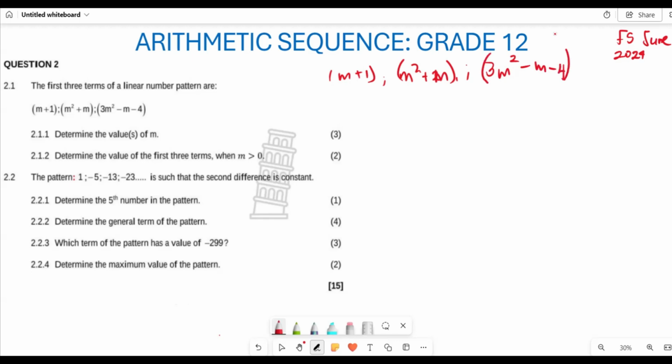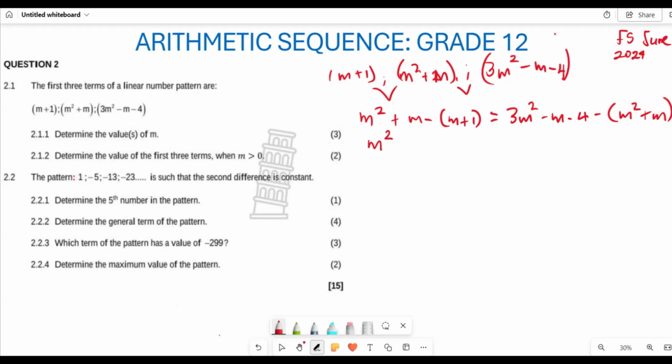Now what are you going to do from here? You're going to start here. This is going to be same as m squared plus m subtract m plus 1. Isn't it that you know that the difference here must be the same? You can equate this to your 3m squared subtract m subtract 4, subtracted by m squared plus m altogether.